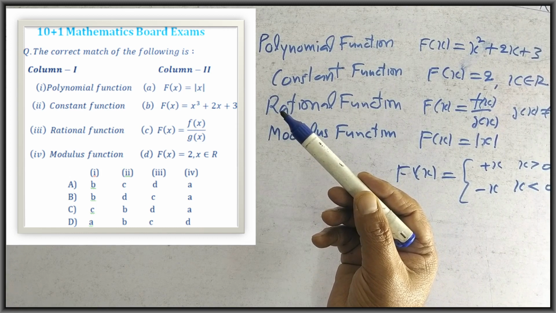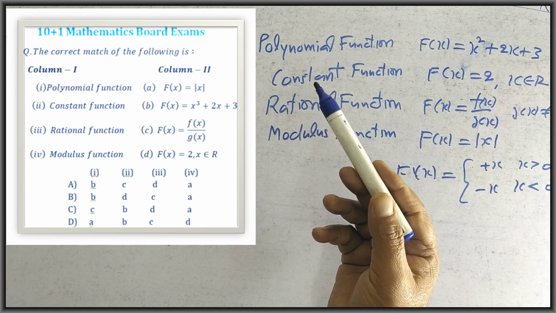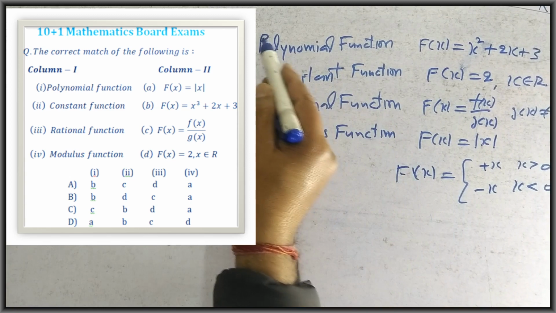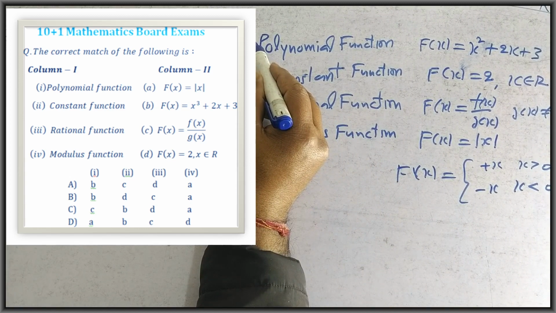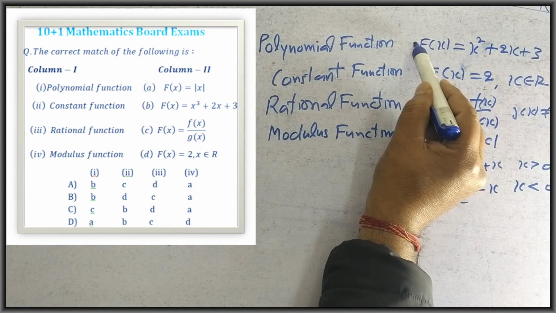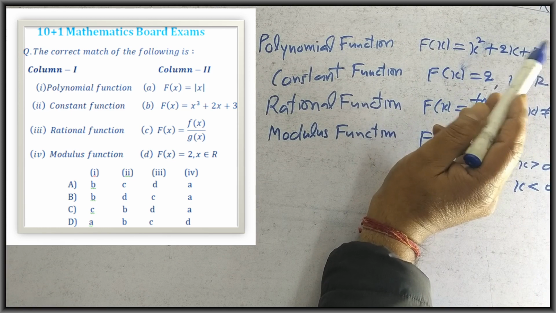First is your polynomial function. So answer A, this one is your polynomial function. The match of this polynomial function is with what? This is B, right?